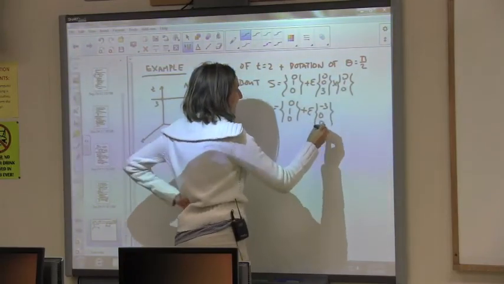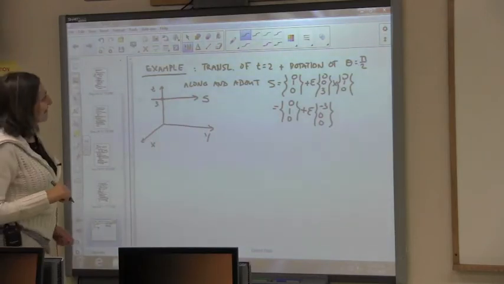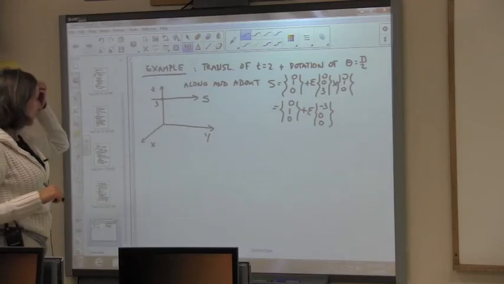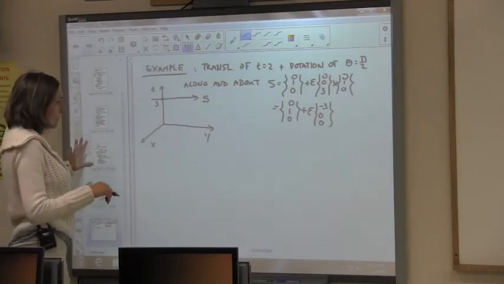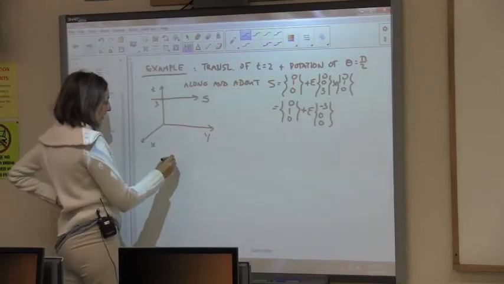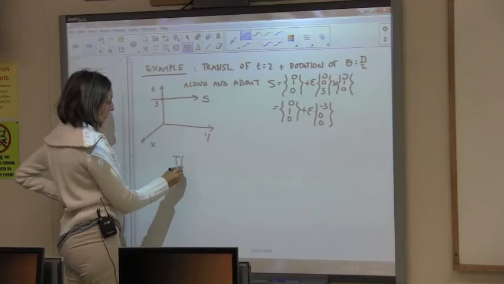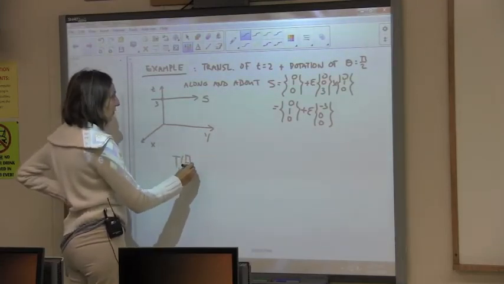You are faster than me, you have your practice already. Okay, so minus 3, 0, 0. Now we just need to go back to that expression, and let's say this is a general transformation along the y-axis of pi over 2 and 2.